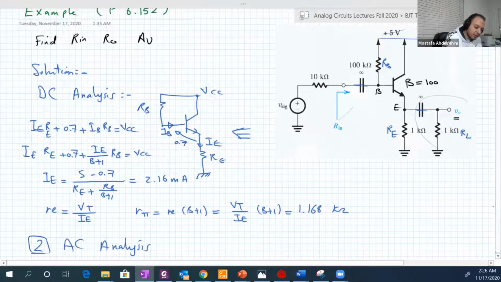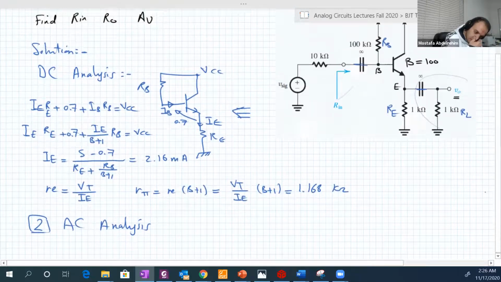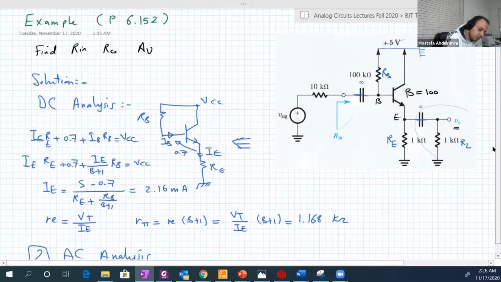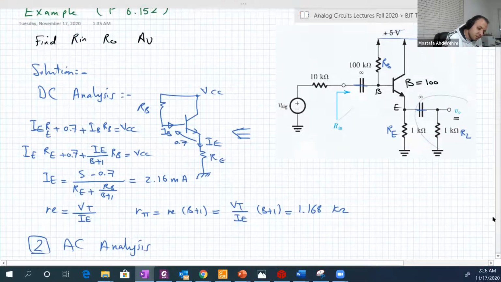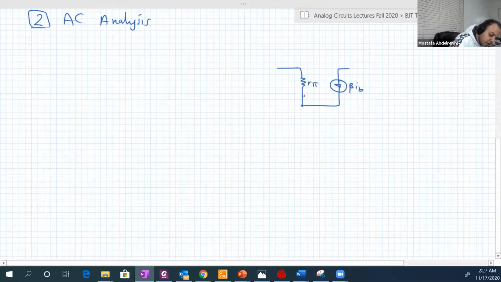So first start by the AC model of the transistor. So beta IB, here is r pi, here is IB, collector, base, emitter.